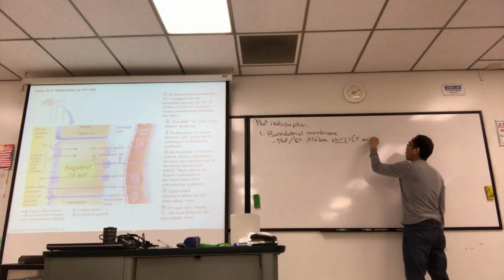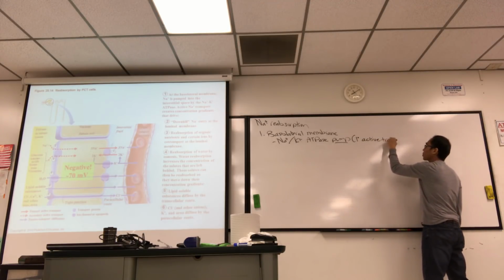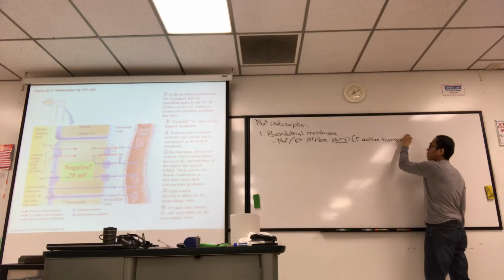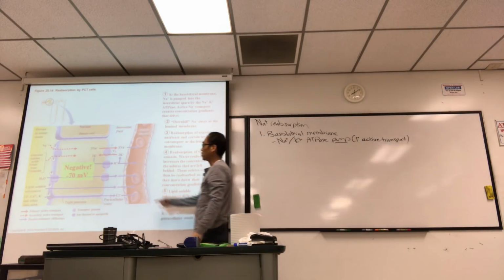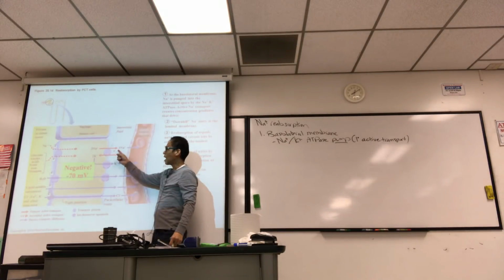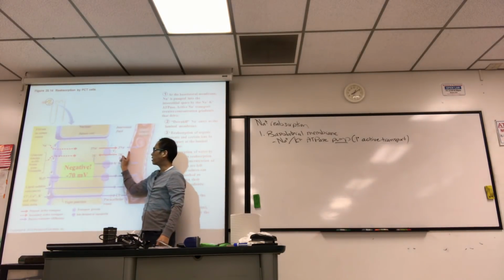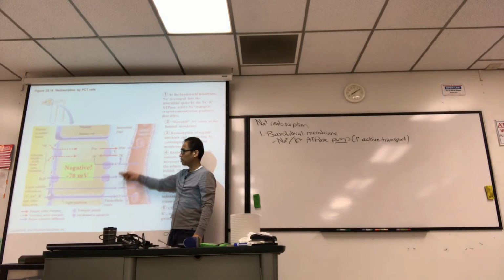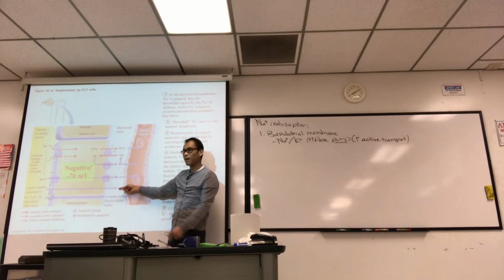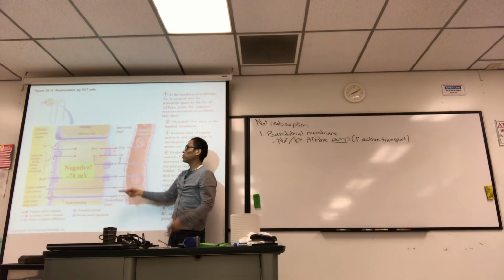Primary active transport. So you pump out sodium, okay? You have to, because you're moving it against the gradient. And so by pumping sodium out, that's why the concentration of sodium was so high outside. You're pumping it out. And what do you exchange?